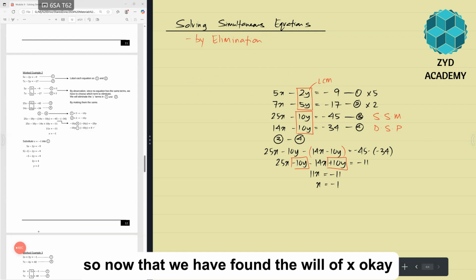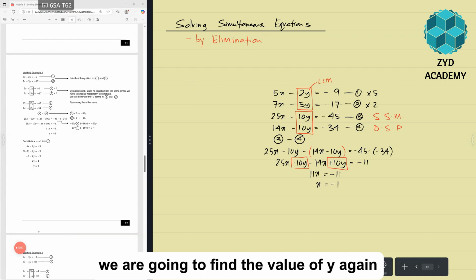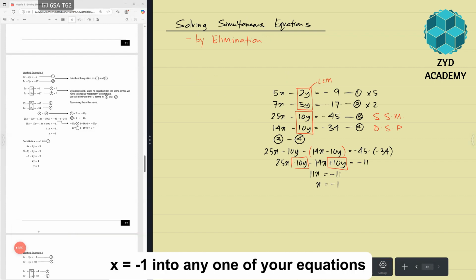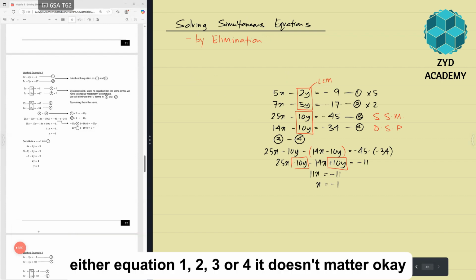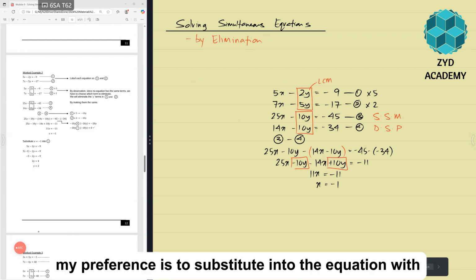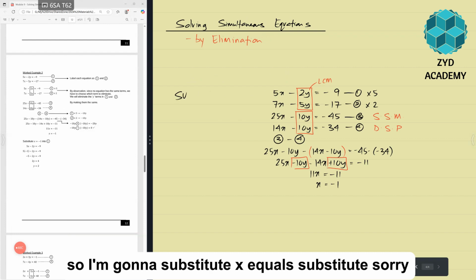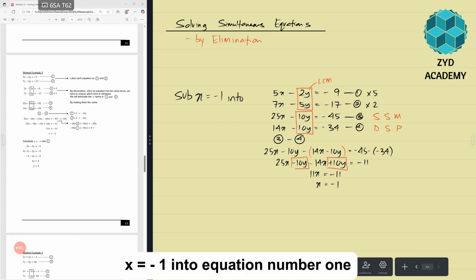Now that we have found the value of x, we are going to find the value of y. Again, what you need to do is substitute the value of x equals minus 1 into any one of your equations, equation 1, 2, 3, or 4. It doesn't matter, but my preference is to substitute into the equation with smaller numbers. So I'm going to substitute x equals minus 1 into equation number 1.